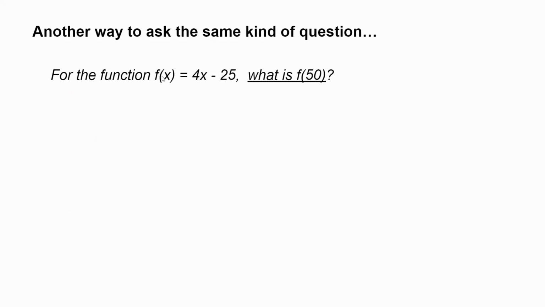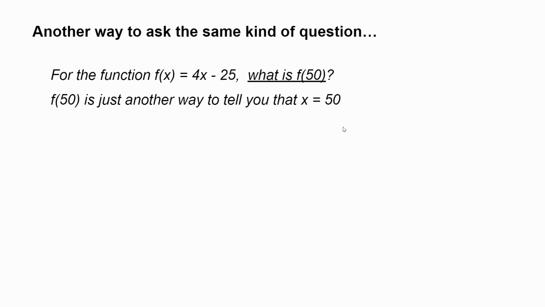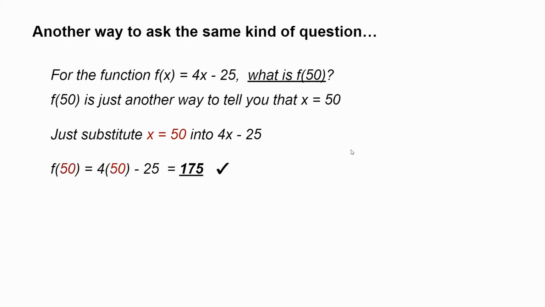The variable that the function uses is 50. So it just tells us that x is 50, and then we proceed as we did in the previous example. Just substitute x equals 50 into 4x minus 25, and we get 175. 4 times 50 minus 25, if you're following along with your calculator, will give you 175.